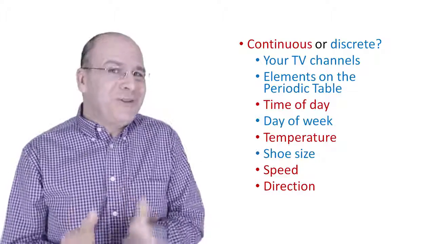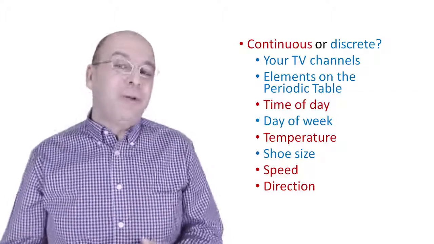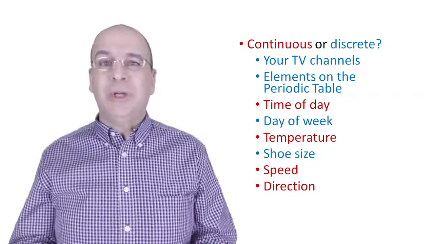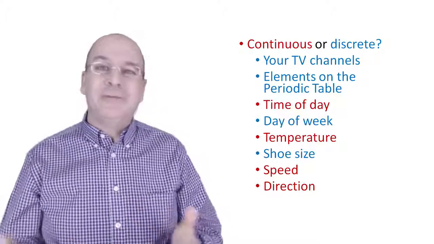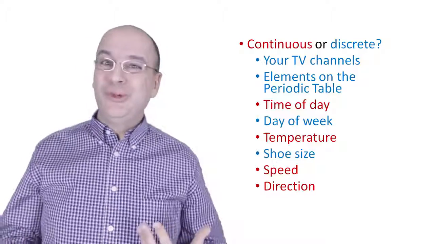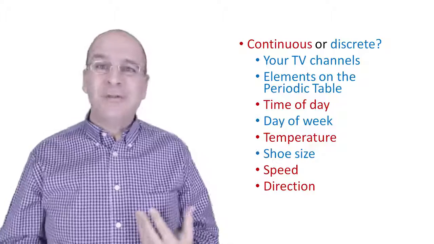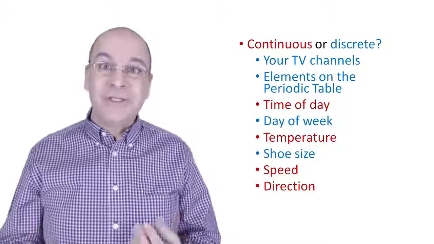But still, there's a limit, right? You can get a 42 or a 42 and a half and a 43, but you can't get a 42 and a quarter. Unless you have custom-made bespoke shoes, and most of us don't do that. So the standard shoe sizes are also discrete.